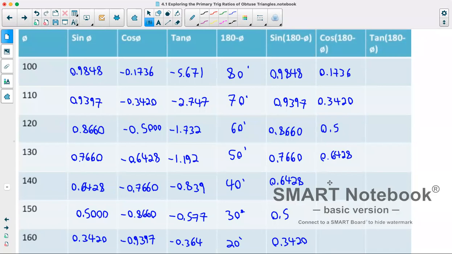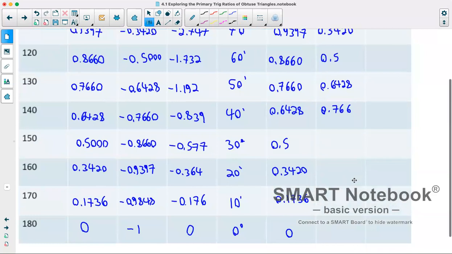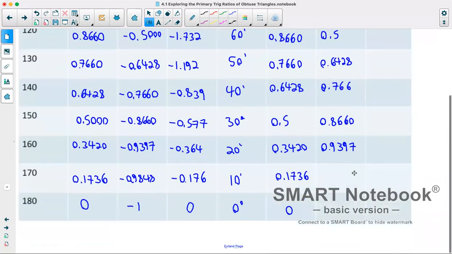Cos of 40 gives us 0.766. Cos of 30 gives us 0.866. Cos of 20 gives us 0.9397. Cos of 10 gives us 0.9848. And cos of 0 gives us 1.